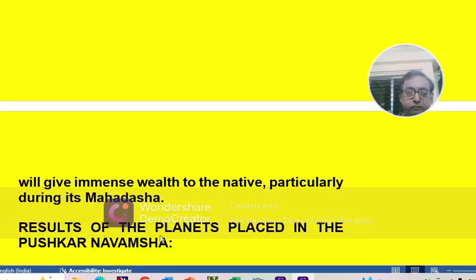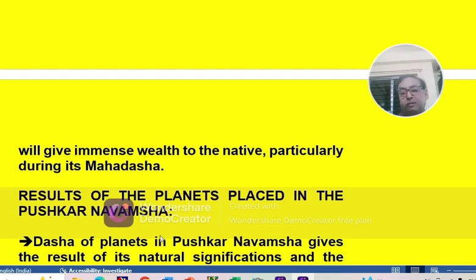In the birth chart it will give immense wealth to the native, particularly during its Mahadasha. It will continue to give throughout the life. It will give you the benefic result.